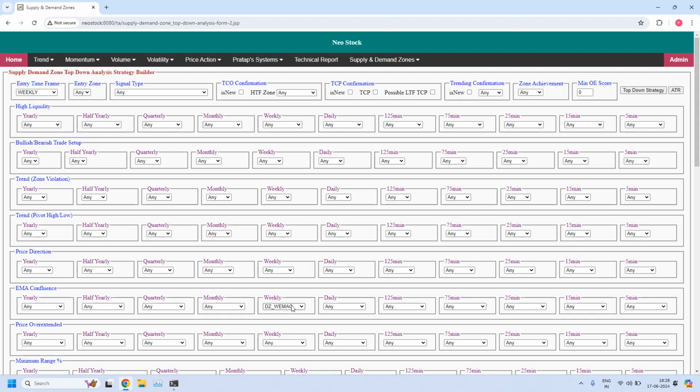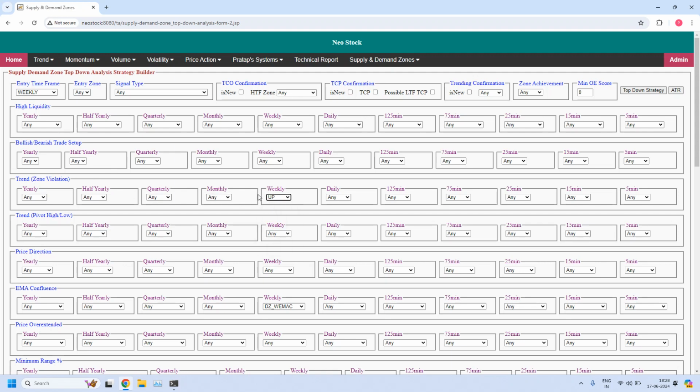But weekly EMA confluence or any EMA confluence makes sense only in the trending market, not in the ranging market. Ranging means sideways. So demand zones in uptrend, supply zones in downtrend make sense. That's why I am selecting the zone violation trend, a weekly time frame, as uptrend.